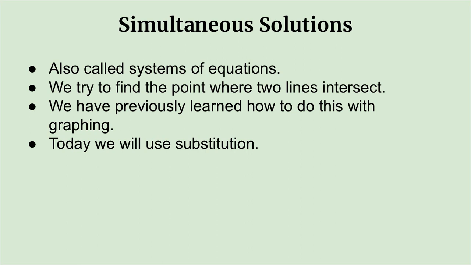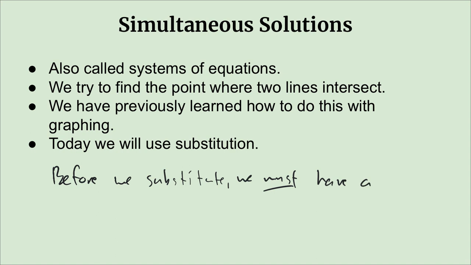One thing to put in your notes is the first step that we have to do. Before we substitute, we must have a variable to solve for, which means having a variable all by itself.